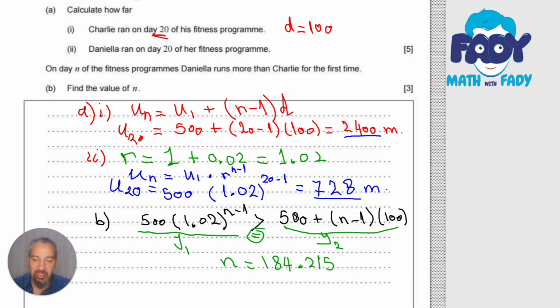We don't have 184.215 as a number of days, so we will say that n equals 185. On this specific day, Daniela will run more than Charlie. This is how to get the answer for this question.